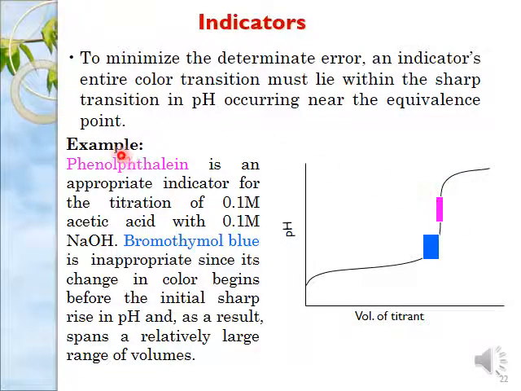That's why phenolphthalein is a more appropriate indicator to use, because the pH range for phenolphthalein is about this point here. So phenolphthalein is a good selection. One unit higher if the sample is acid.